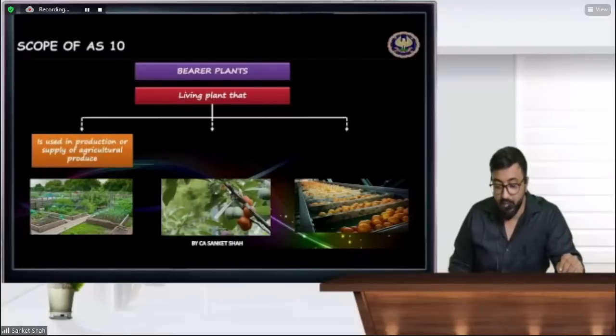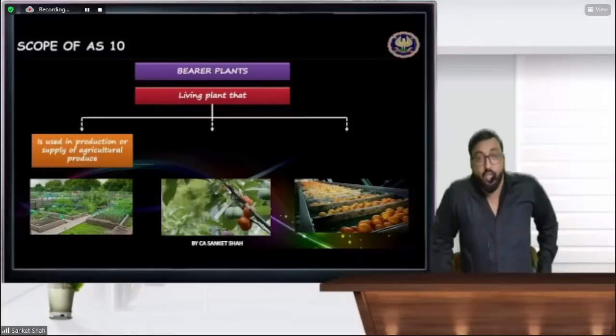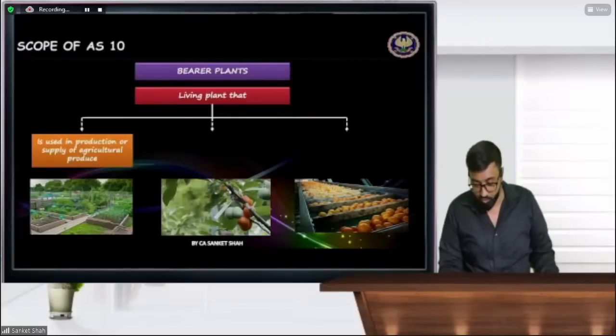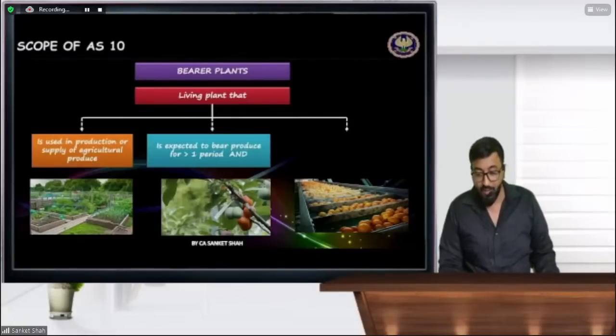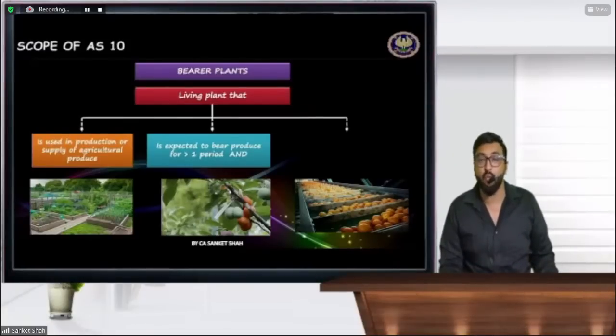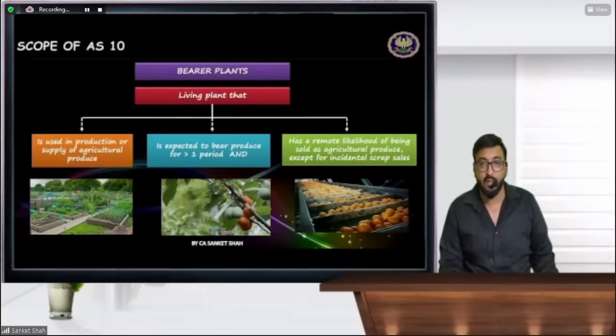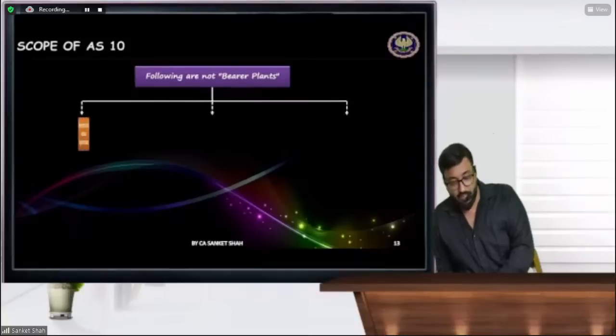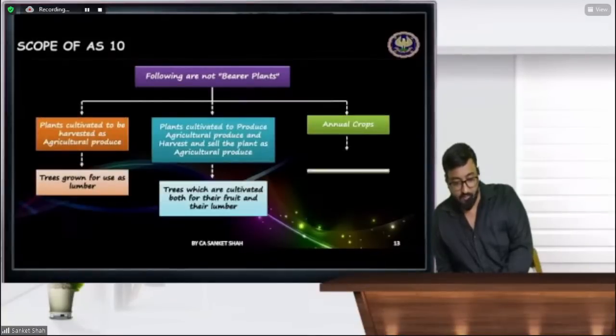Living plant is used in the production or supply of agricultural products. Okay, so agriculture produce में जो भी use होता है, you expect to use it for more than 1 year, and third one has a remote likelihood of being sold as agricultural produce except for incidental scrap sales. In simple language, I will not go in detail.